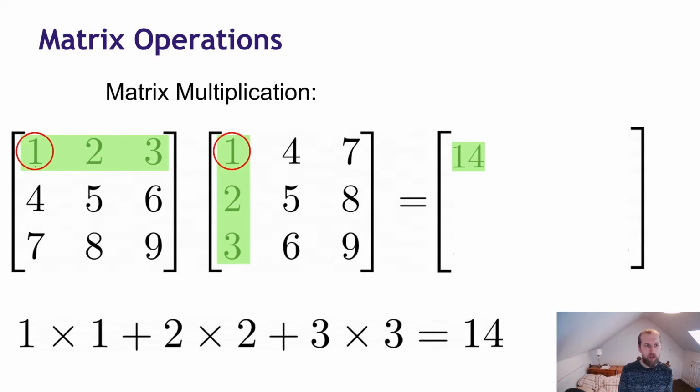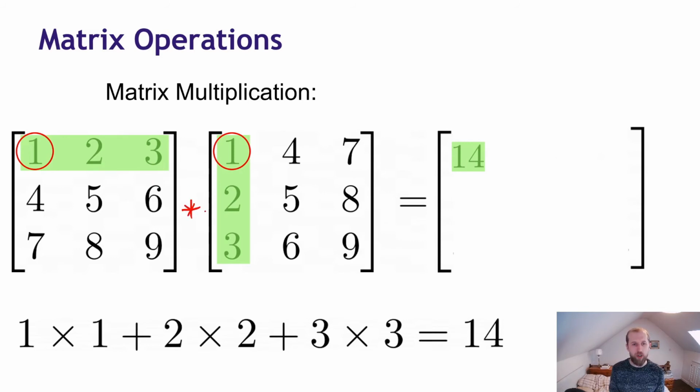With an element-wise one, you just do 1 times 1, which would be the top left corner, and then 2 times 4 would be the top middle, then 3 times 7 would be the top right, etc. So that's an element-wise multiplication. But you also have this matrix multiplication, which is slightly different.